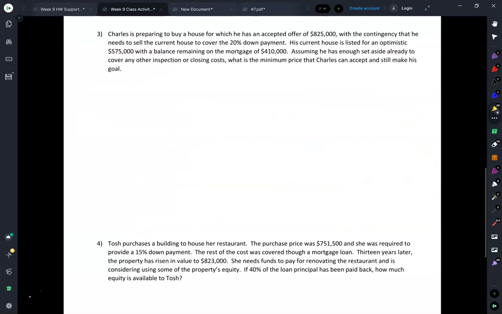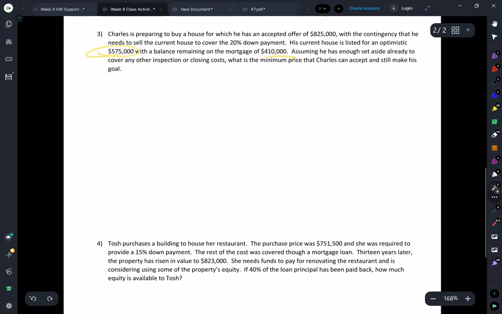For number 3, we have Charles is preparing to buy a house for which he has accepted an offer of $825,000 with the contingency that he needs to sell the current house to cover the 20% down payment on this $825,000. His current house is listed for $575,000 with a balance remaining on the mortgage of $410,000.